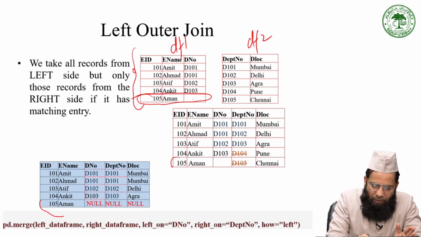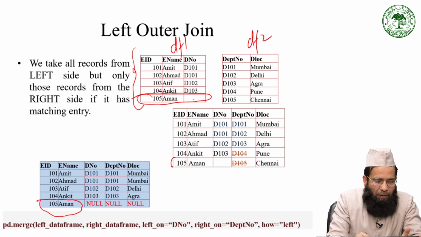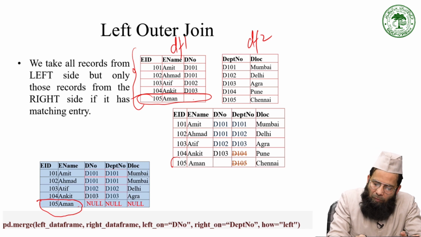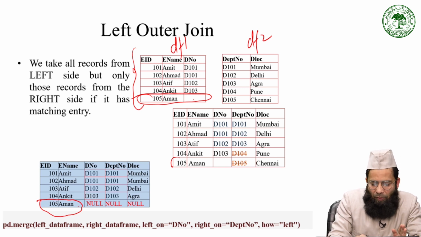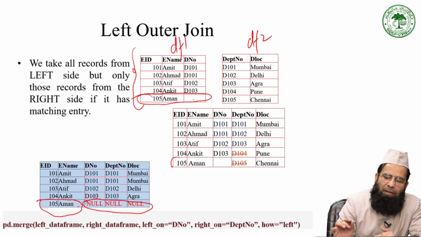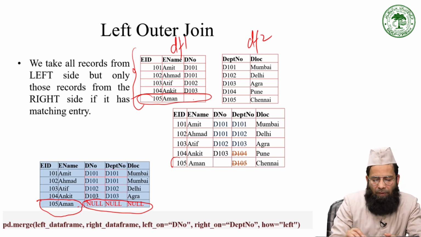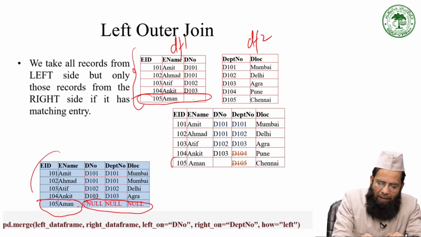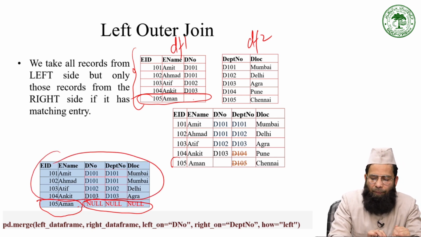It has all the records of the left data frame, and the corresponding columns of the right data frame would be null. The rest would be very similar to the inner join.